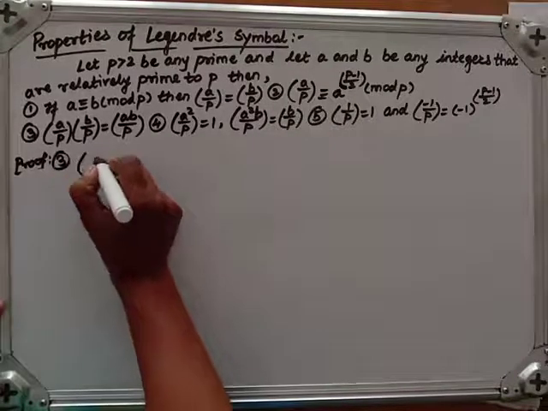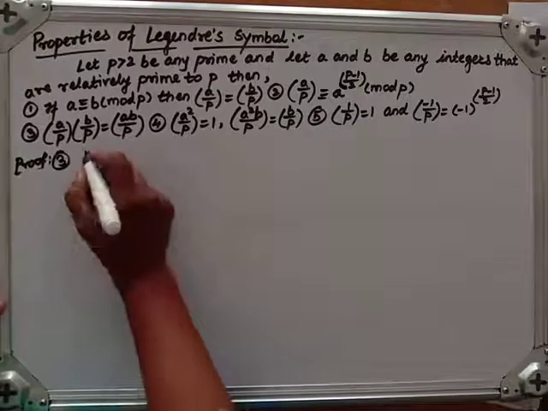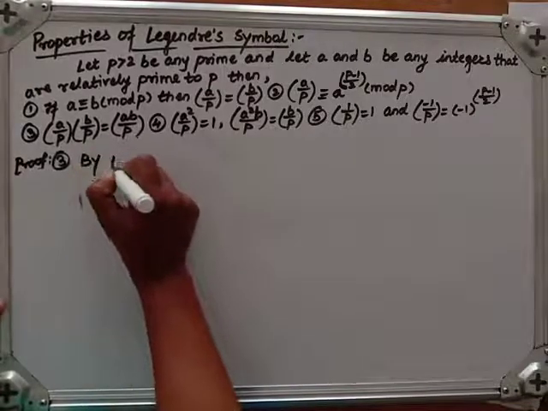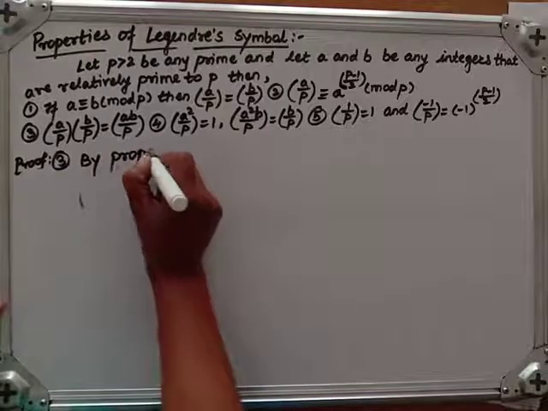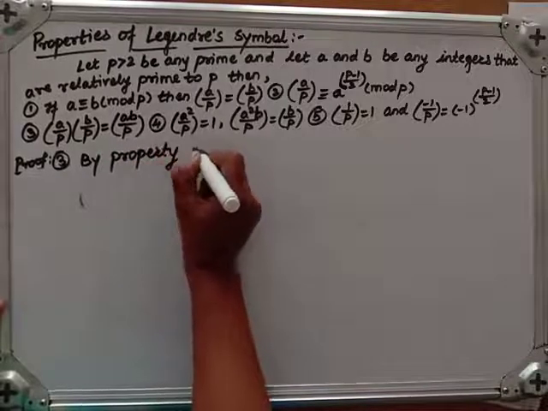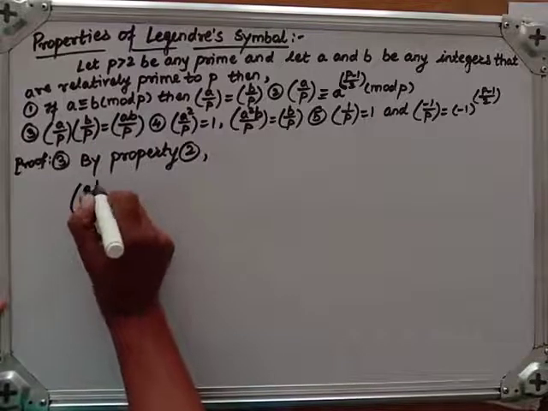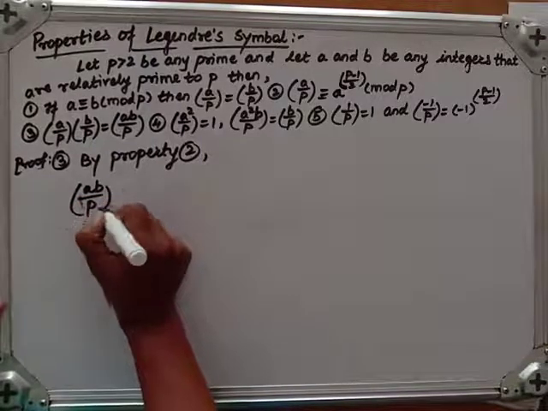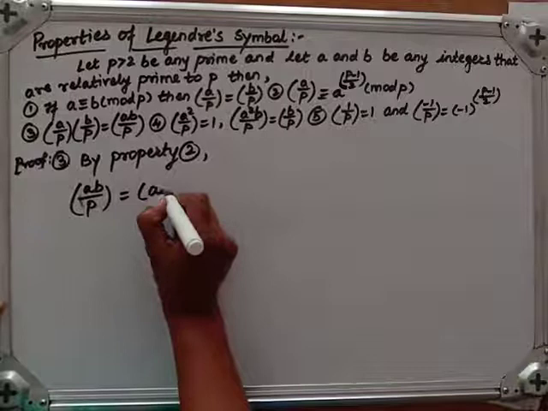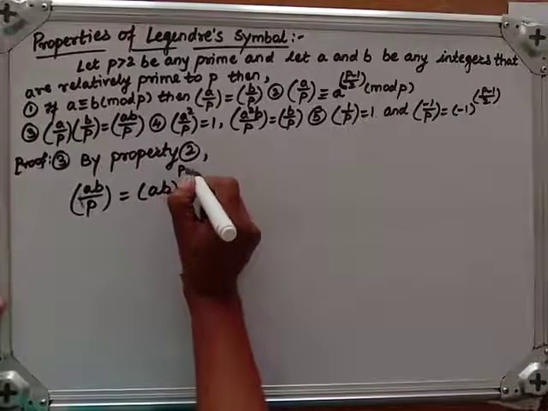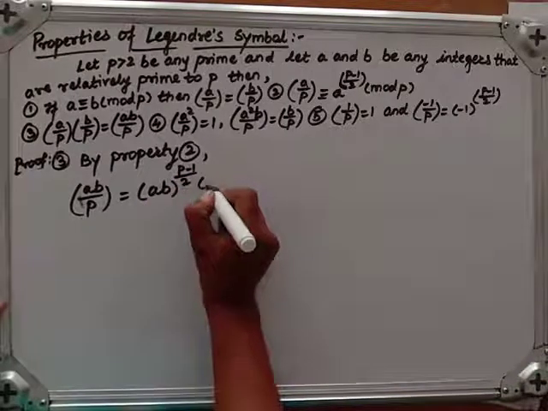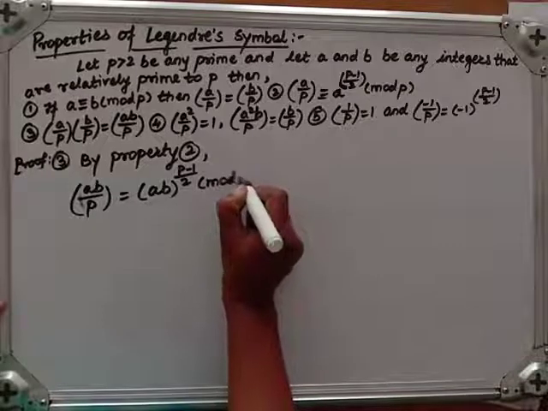Now by property 2, we get Legendre symbol of ab by p is the same as ab raised to (p minus 1) by 2 modulo p.